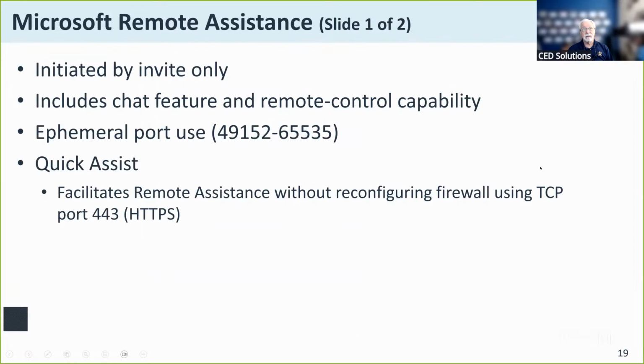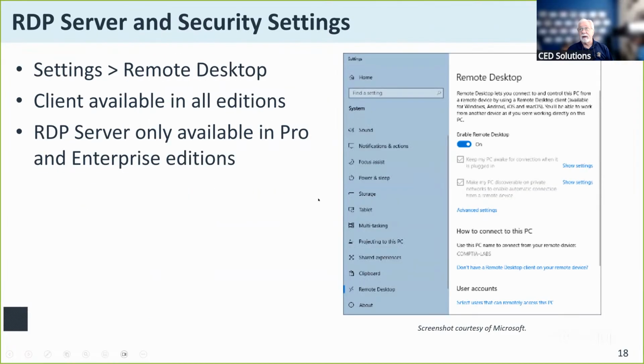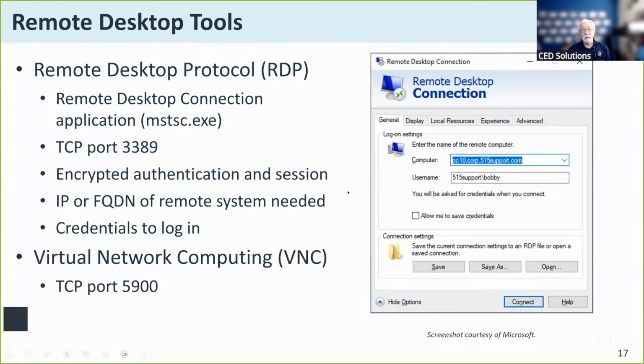With RDP, it's a situation where you have to be invited, if you will, to connect to that target system. It's actually a client-server kind of setup. But if you have a Windows Professional license or above, this comes as part of the operating system.